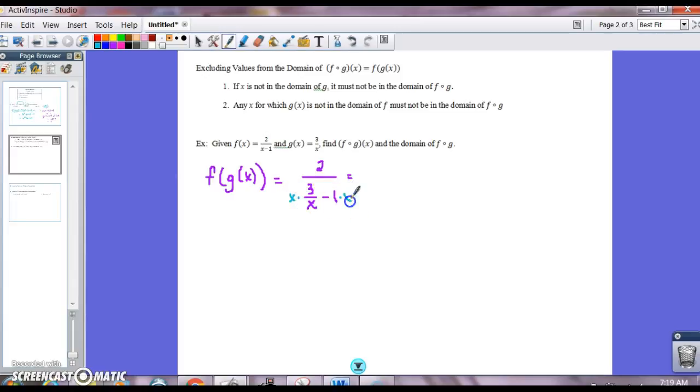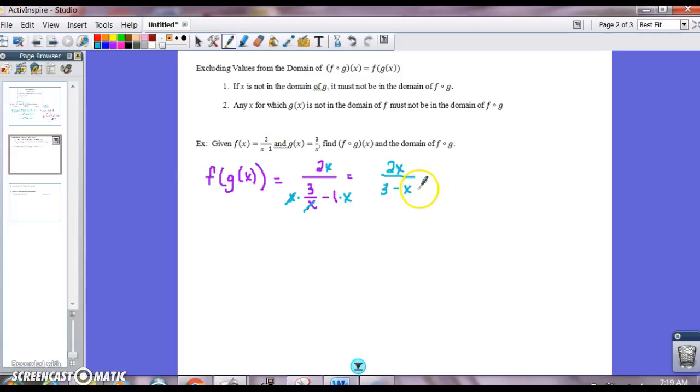So I can multiply everything by x, which would give me 2x. Those x's cancel, so I have 3 minus x. And so by multiplying everything by your common denominator within that complex fraction, that gets rid of the complex fraction. So f of g of x is 2x over 3 minus x. Okay, that's the complex fraction.